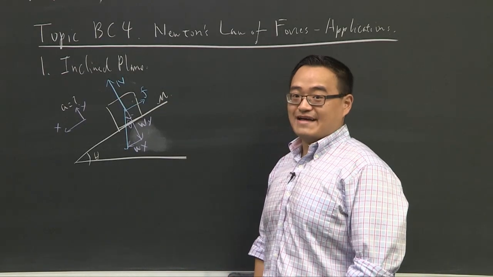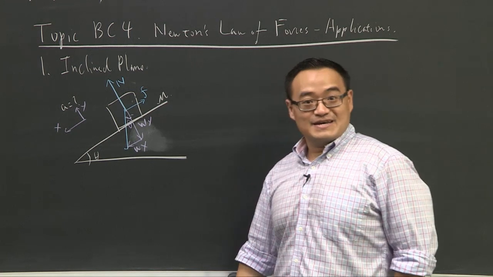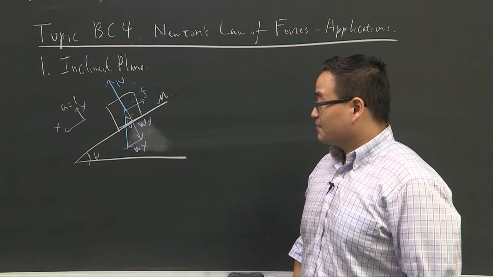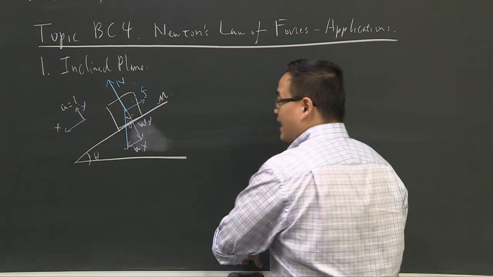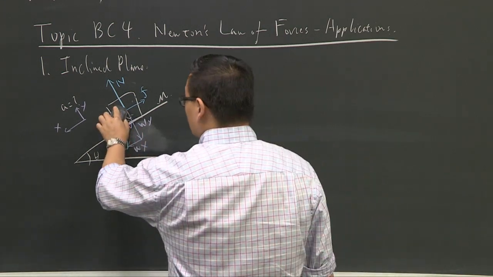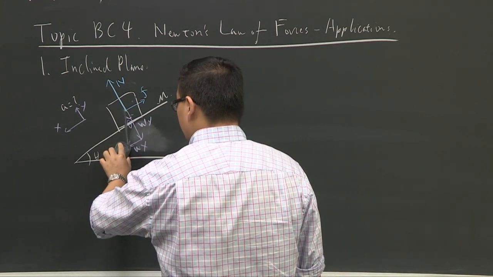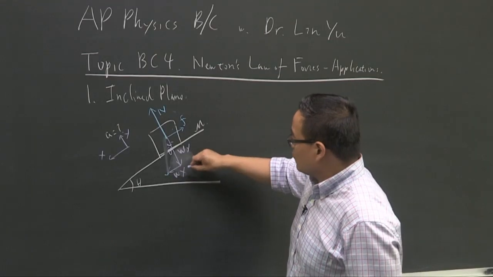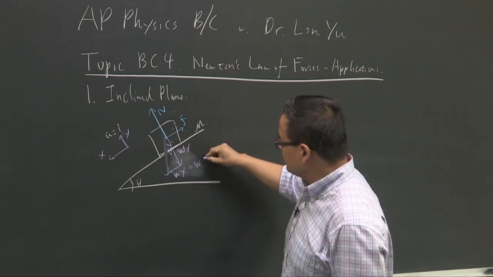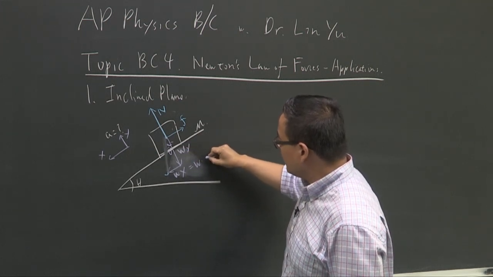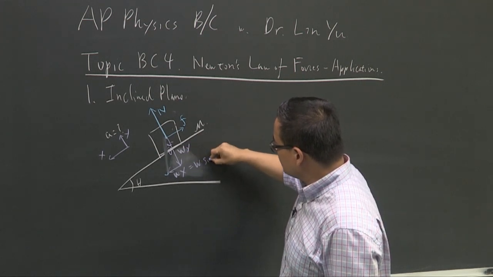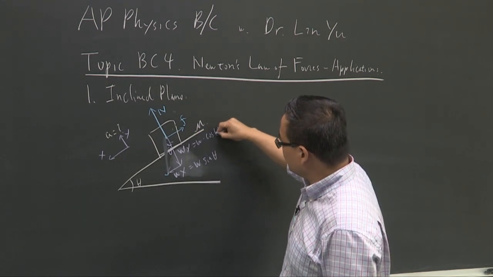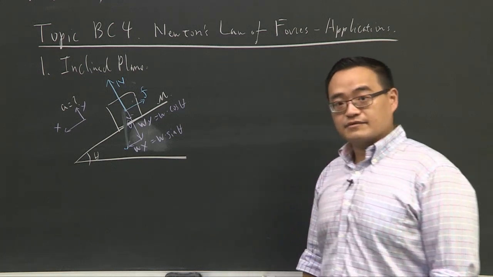You can do a little math to figure out why, but trust me, it does come out to be theta. Once we have that, we no longer need to consider the weight itself. Weight x will be weight times sine theta, and weight y will be weight times cosine of theta.